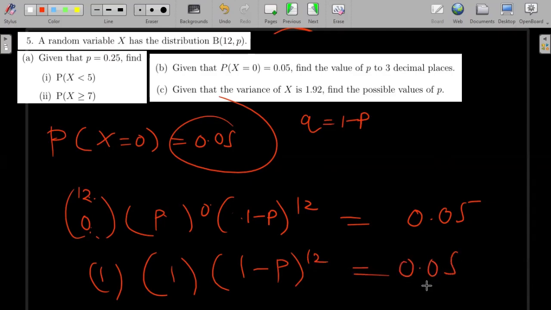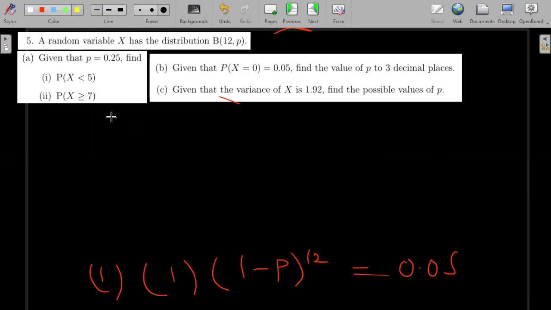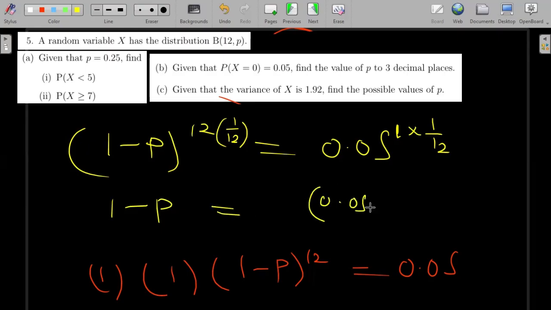So how am I going to solve that now? From here you can raise both sides to the power 1 over 12. So what we have is 1 minus P to the power 12 equals 0.05. What I'm going to do is multiply this power by 1 over 12. So what I'm going to get is 1 minus P equals 0.05 to the power 1 over 12.